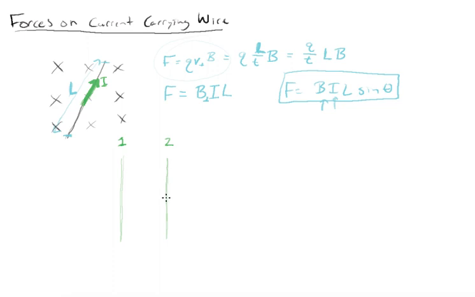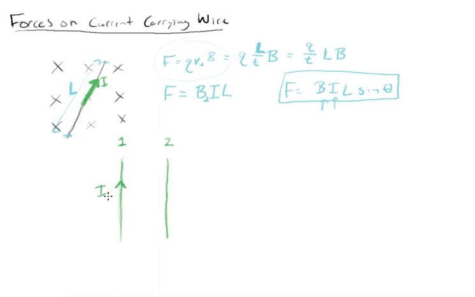And the current in wire 2 is going to create a magnetic field where wire 1 is, and that'll create a force on wire 1. So let's see if we can figure out how these forces will actually end up working. Let's start with the situation where this has current going up.